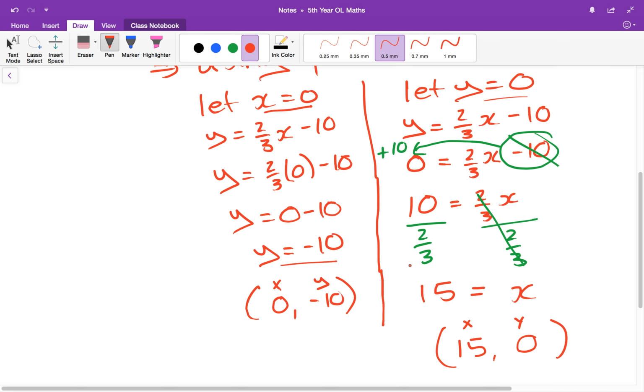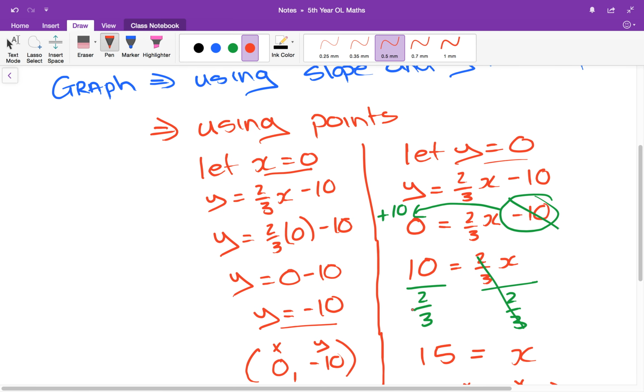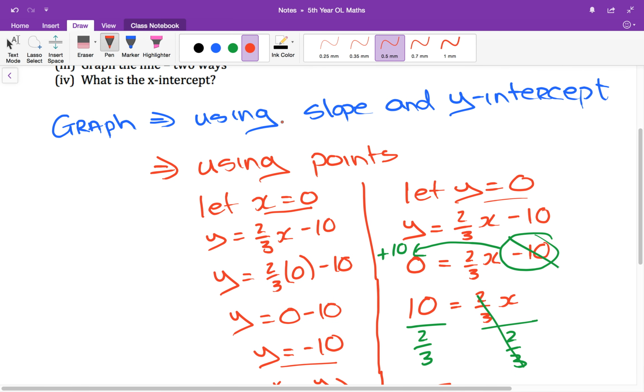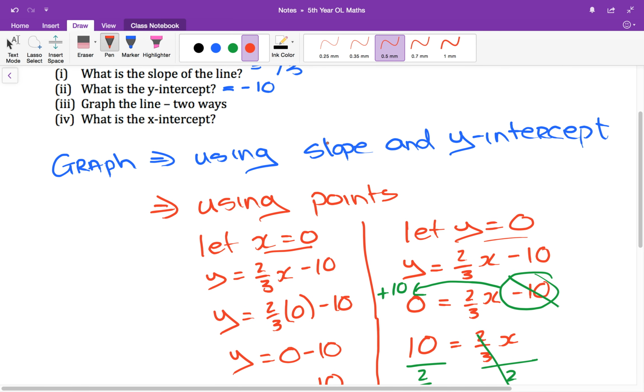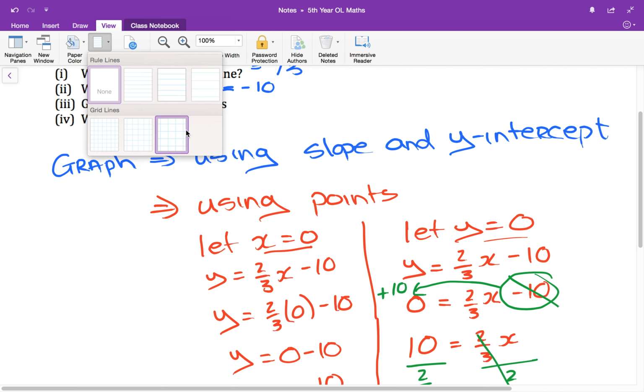Okay, so now we have all our data to plot the line, using points, and we have our data from up here in blue to plot the line using slope and y-intercept. So just get some graph paper.